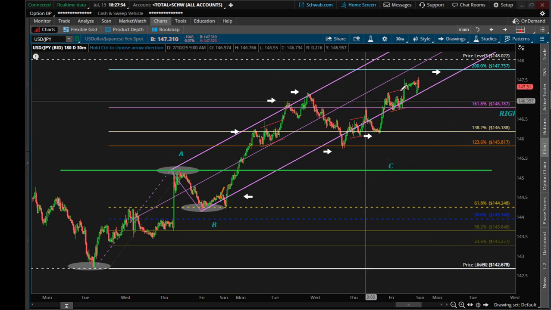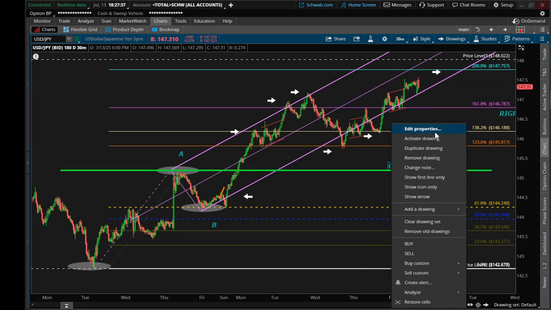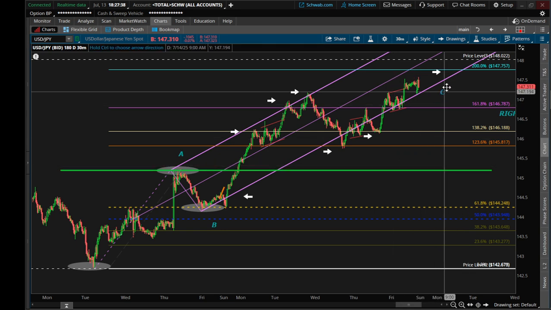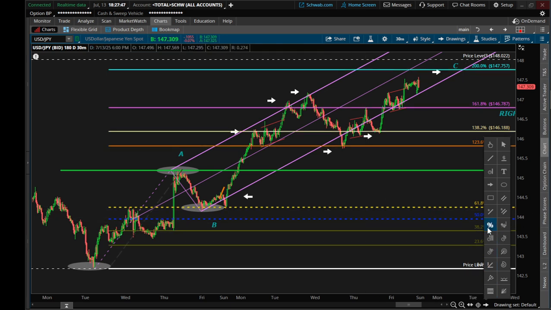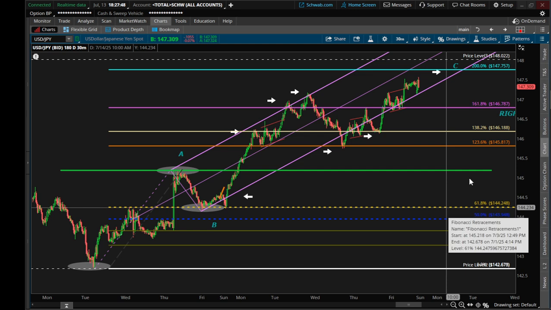Once we break out, then we need to look to say that, okay, this C wave is over. Now we need to retrace this whole move. Let me get rid of this real quick.